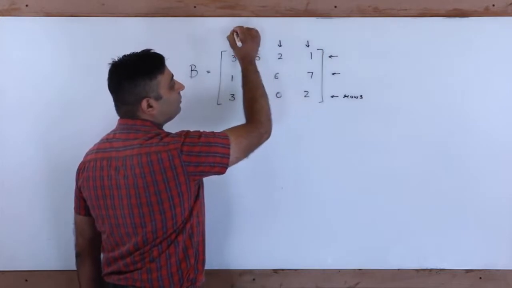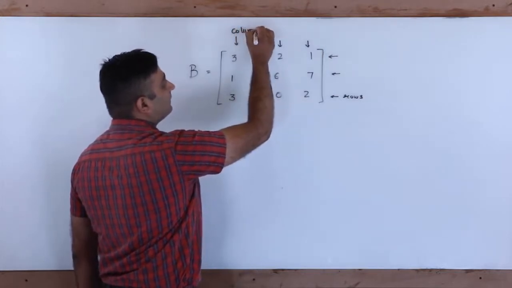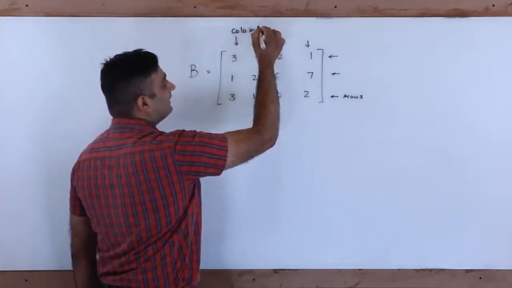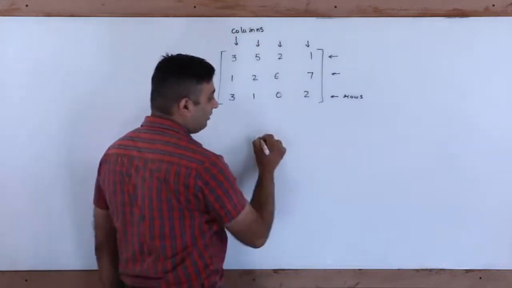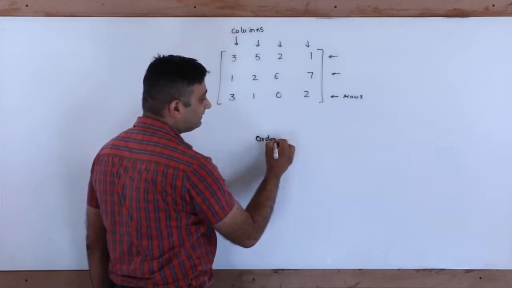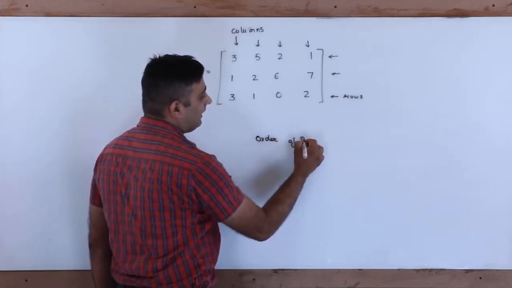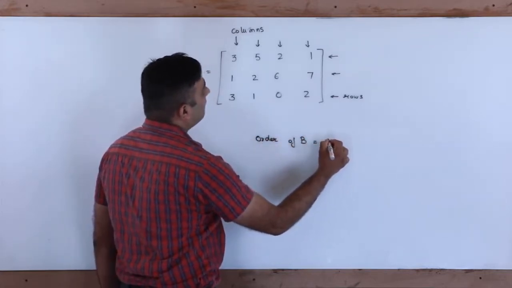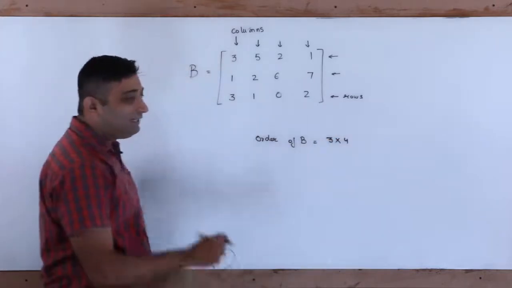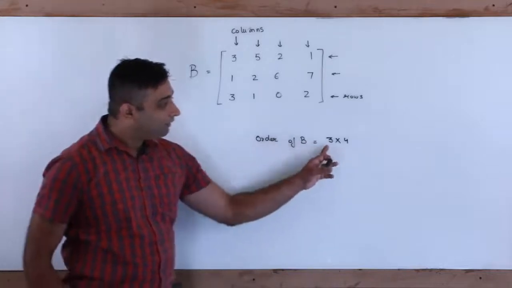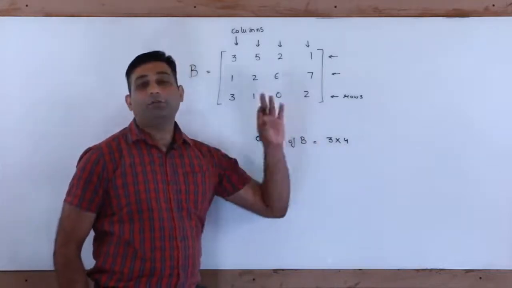These are called columns. Hence we can say that this matrix has 4 columns. Hence the order of this matrix is equal to 3 by 4. It clearly represents the number of rows and the number of columns.